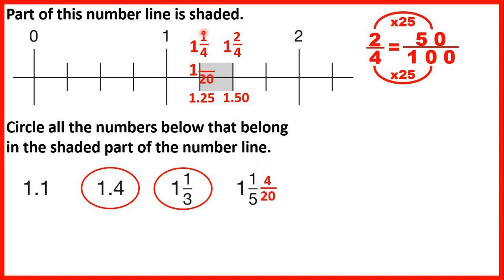But 1 and 1/4 is the same as 1 and 5/20ths, because 4 times 5 is 20, 1 times 5 is 5. So that means 1 and 1/5 must be smaller than 1 and 1/4, because 1 and 1/5 is only equivalent to 1 and 4/20ths, so we don't want to circle 1 and 1/5.